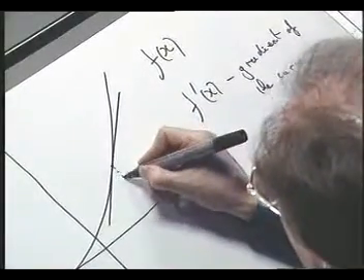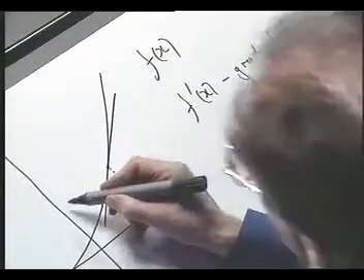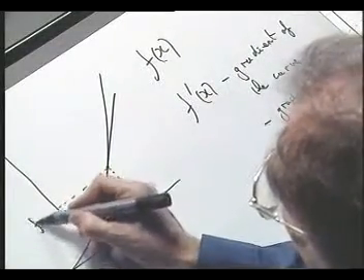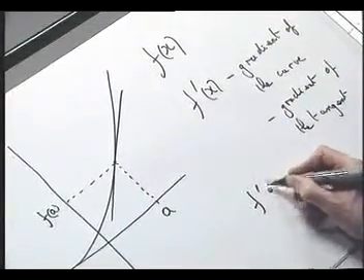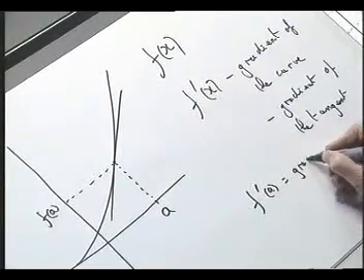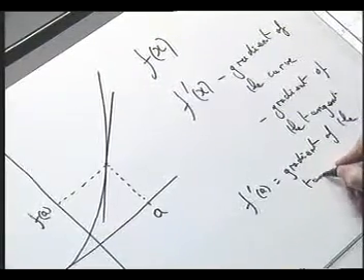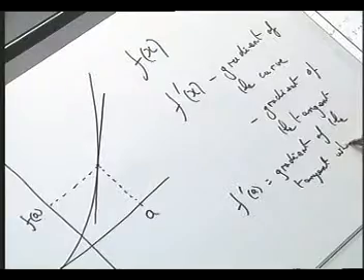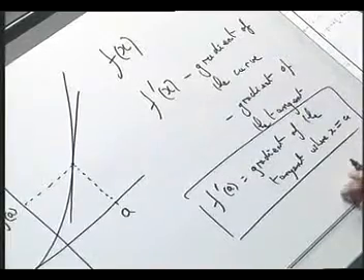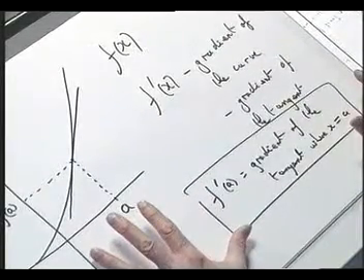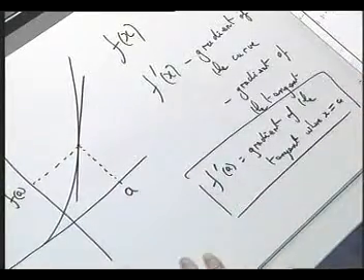So given a point where x is equal to a, and therefore where the value of the function is f of a, then f dashed at that point is the gradient of the tangent where x equals a. And that's what we're going to be using, that the derivative, the value of it at the point where x equals a, gives us the gradient of the tangent.